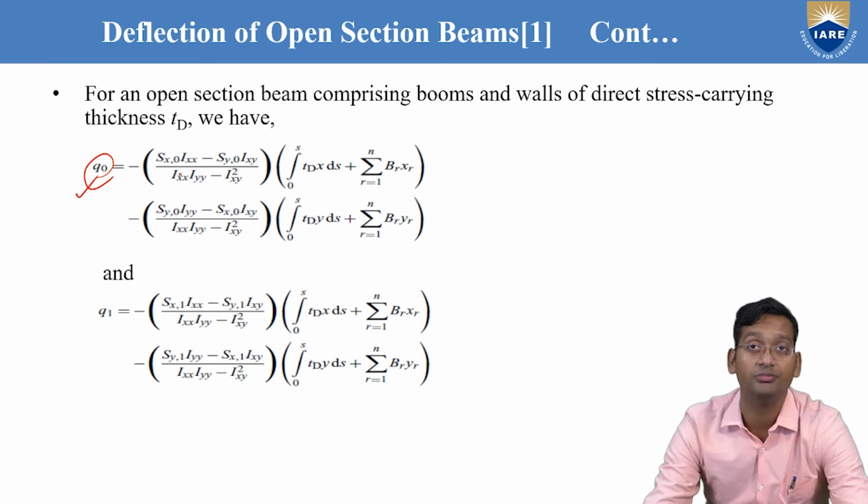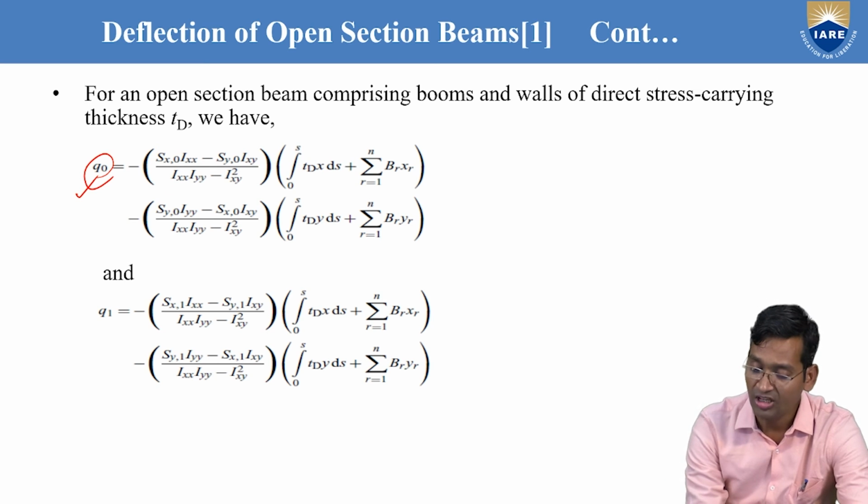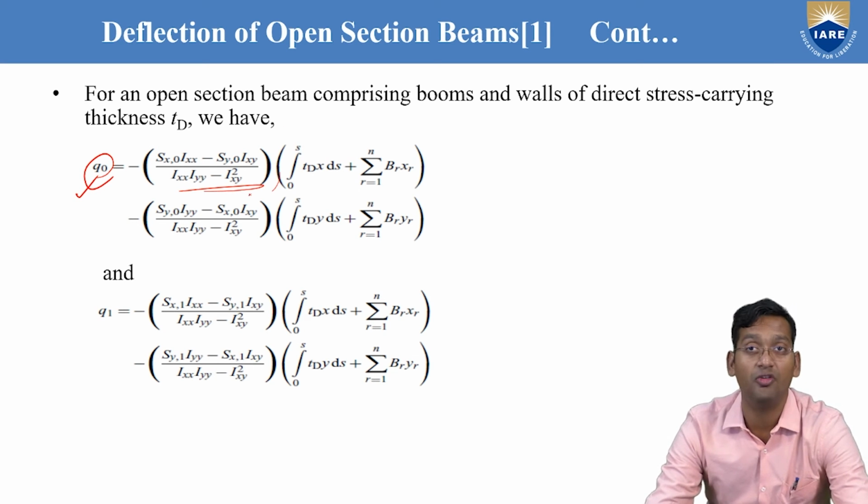So Sx,0 Ixx minus Sy,0 Ixy divided by Ixx Iyy minus Ixy squared, into this, after taking common, the integral of tD over the total span. So t becomes tD when the total effective thickness is there.